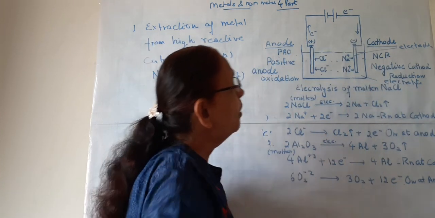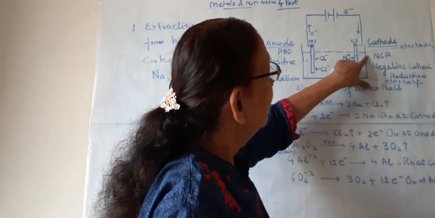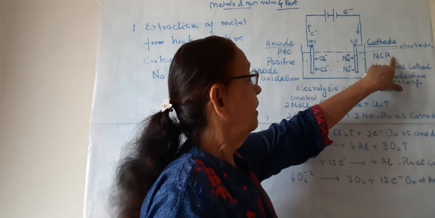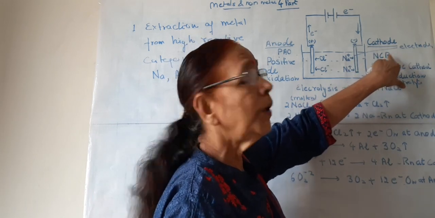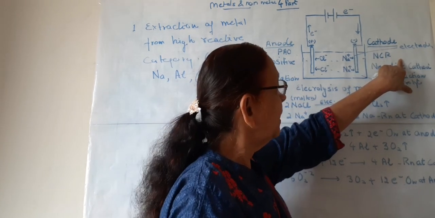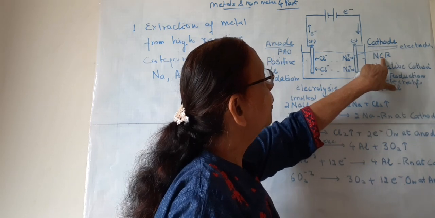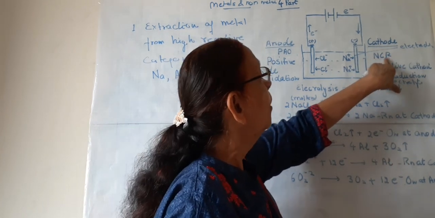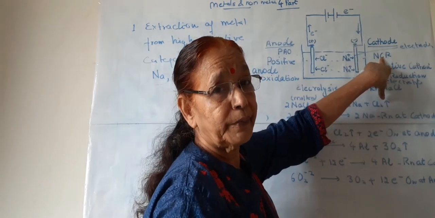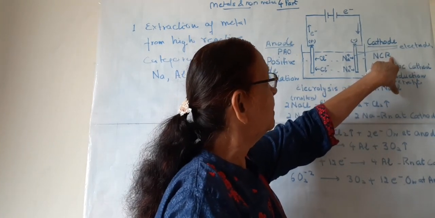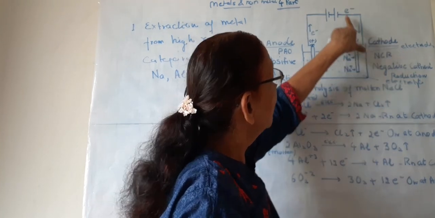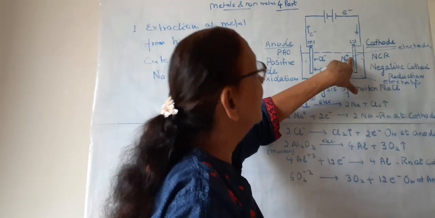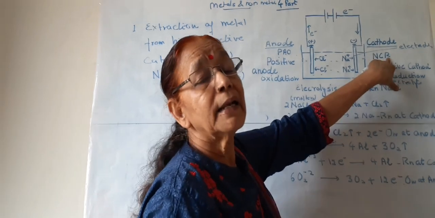What is the full form of NCR? Negative cathode reduction. What does it mean? It means the cathode is negative and reduction of the metal is done on the cathode. And how do we know it is reduction? When electrons are added, when electrons are gained, then it is reduction.